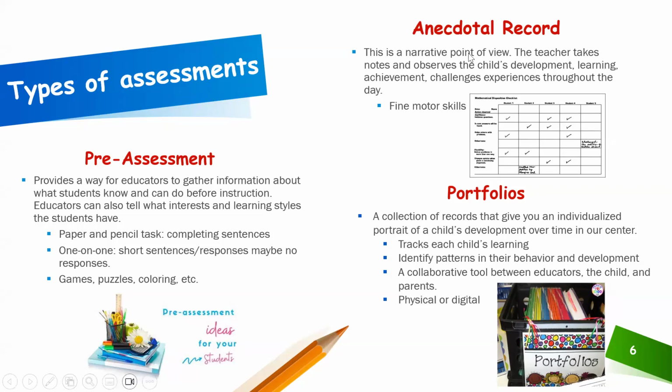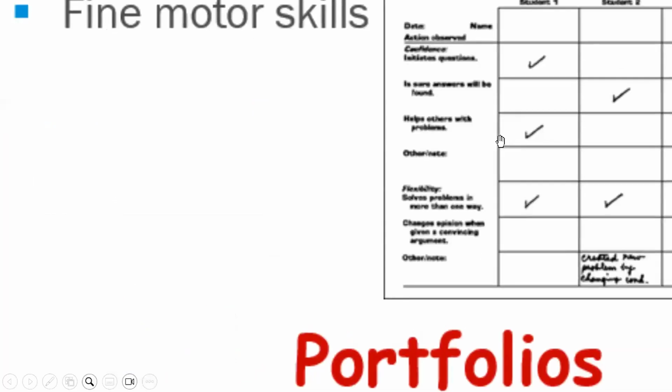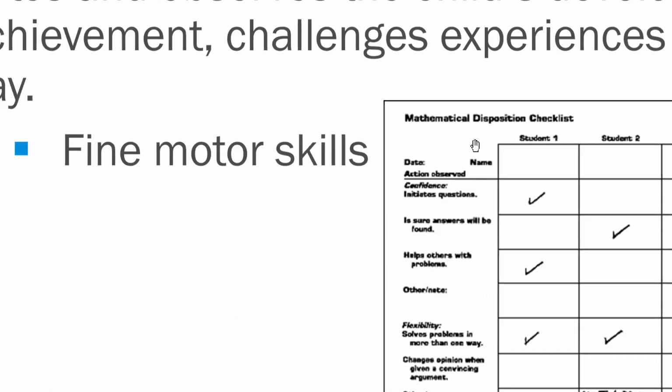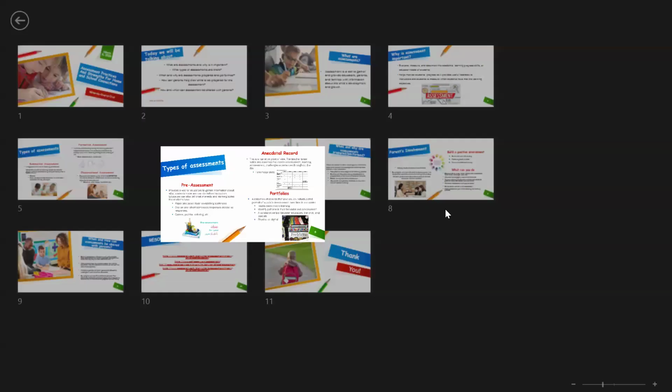Anecdotal record. This is a narrative point of view. The teacher takes notes and observes the child's development, learning, achievement, challenges, and experiences throughout the day, and they usually focus on the fine motor skills. An example is if a child helps others with problems, they'll mark that down.